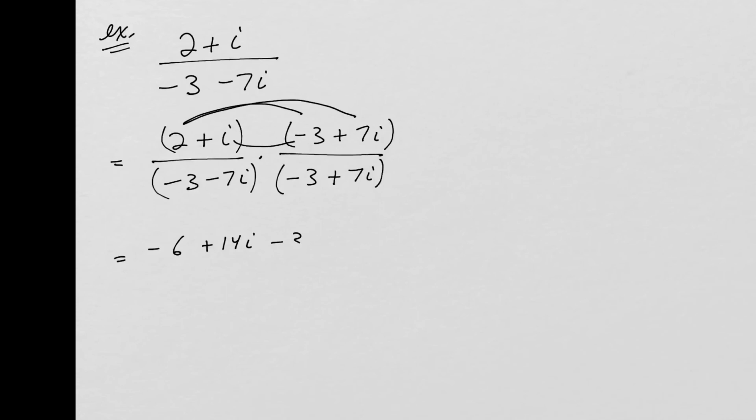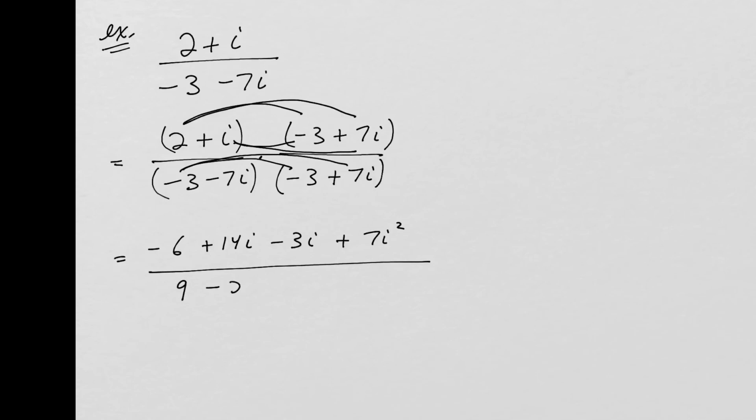I times negative 3, negative 3i. I times 7i is plus 7i squared. And then in the denominator, I'll simplify all this later, I have negative 3 times negative 3, it's 9. Negative 3 times 7i is negative 21i.